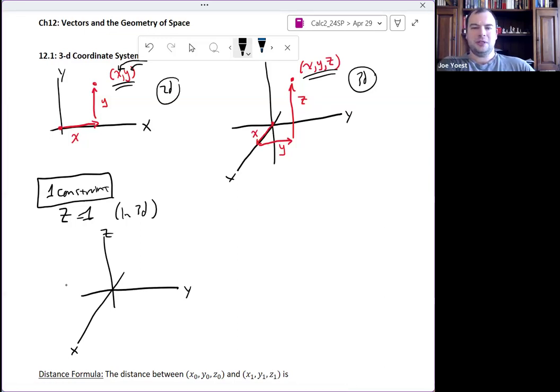Well, what this means is that the points in 3D space that satisfy the constraint z equals 1 all have to look like, well, little x can be, the first component can be whatever it wants, the second can be whatever it wants, but the third has to always be 1. So I know that I've always got to be at height 1, but I can be anywhere front to back. I can be anywhere left to right as long as I'm at height 1.